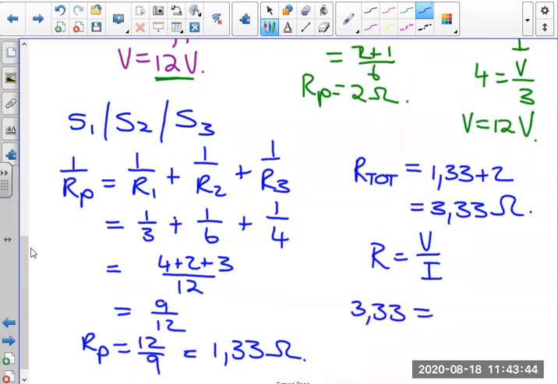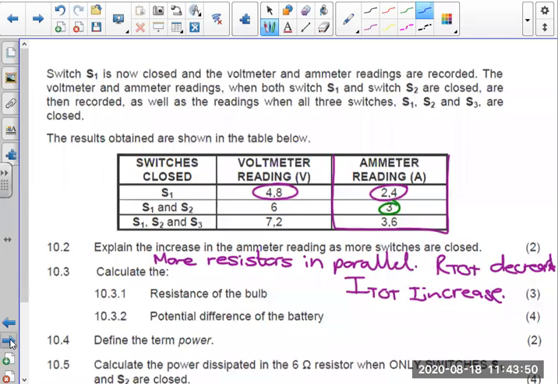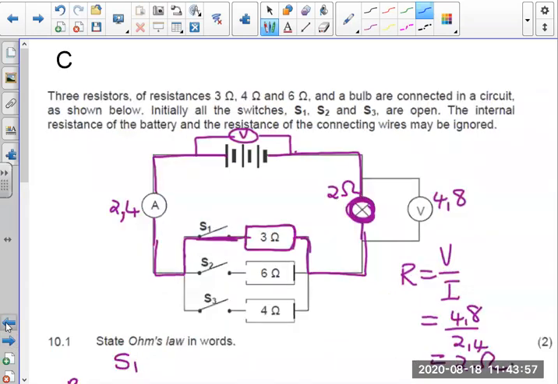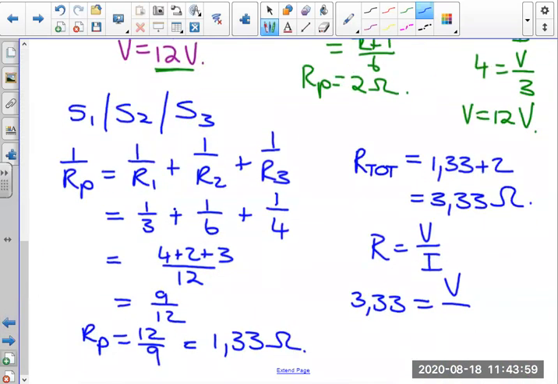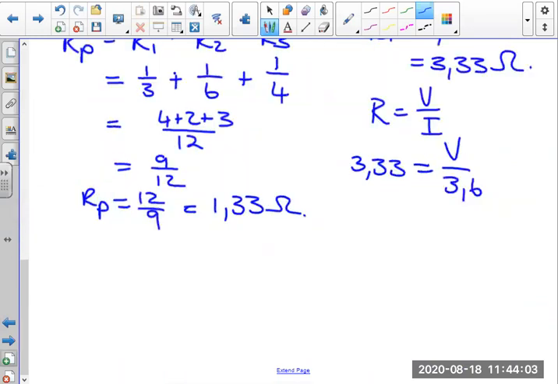What do we want to work out? The voltage and the current. I must go back to the table. So the table says if all three switches are closed, the current is 3.6. So the current that I'm going to substitute in is 3.6. So therefore we're going to say 3.6 times 3.333, and you will see the voltage is also going to be 12.